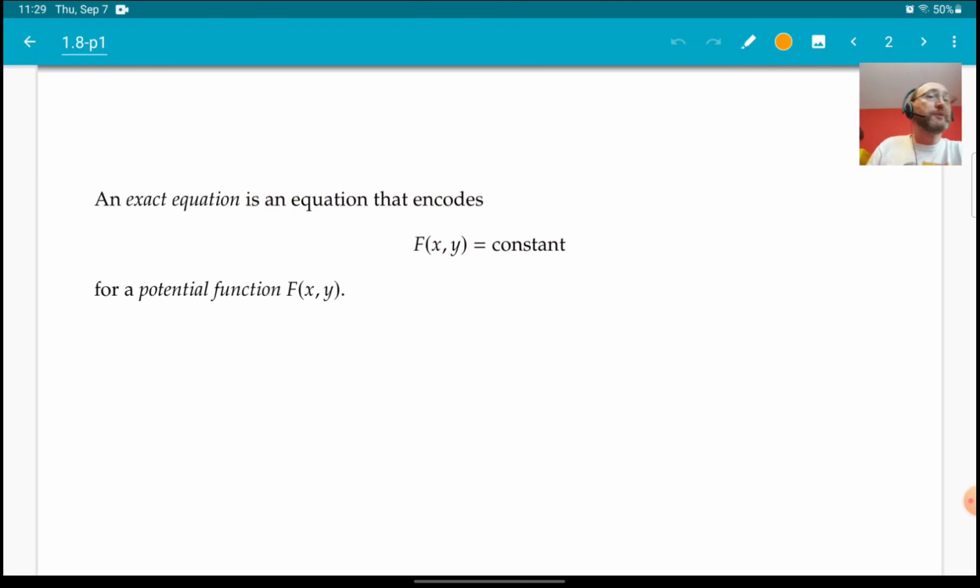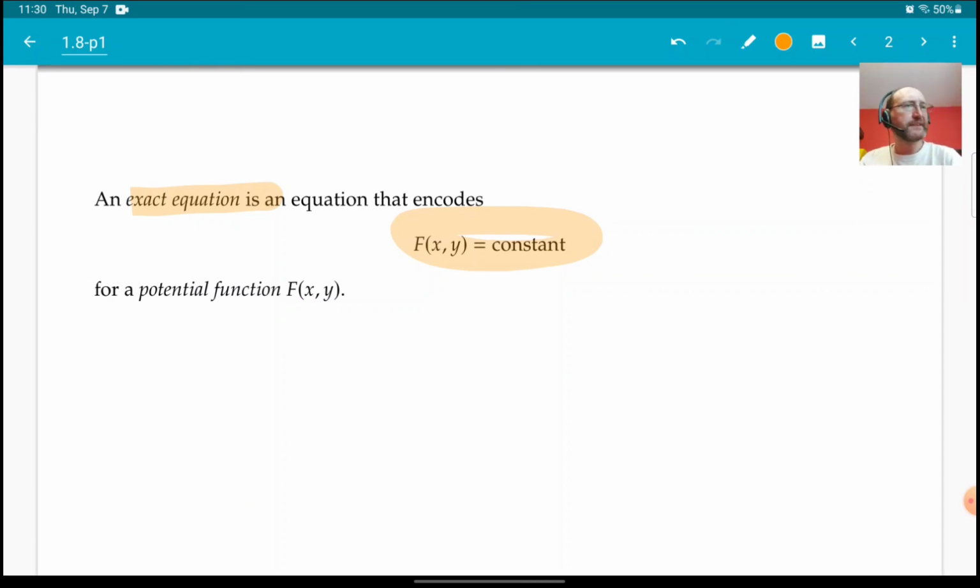So, all right, what are we looking at? We're looking at exact equations. So what are exact equations? Exact equations are equations that encode basically this thing. Given a function f of two variables, let's just do everything in two variables, f of x and y, we want the level sets of this function to be the implicit solutions for these differential equations.